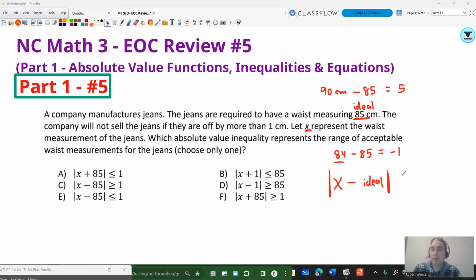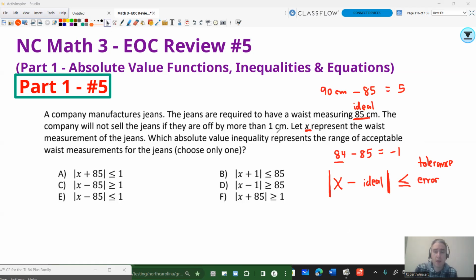So that means that amount that I can be off by, that difference, could be no more than the amount I'm allowed to be off by. In this case here, it's going to be 1, but I'm just going to call this the error. It's also called tolerance. Gosh, it's got a couple different names: tolerance, error, wiggle room, whatever you want to call that.